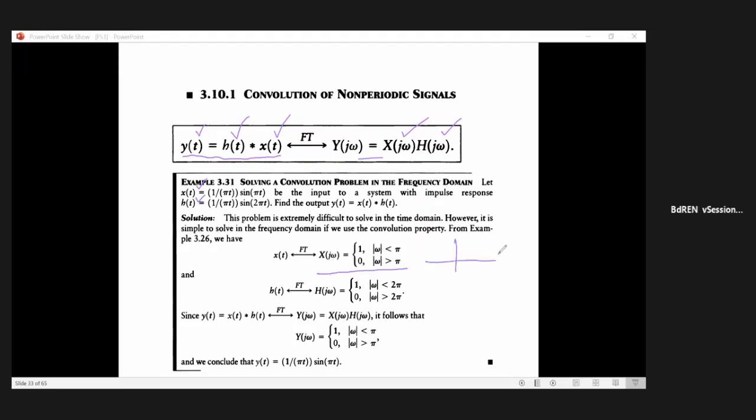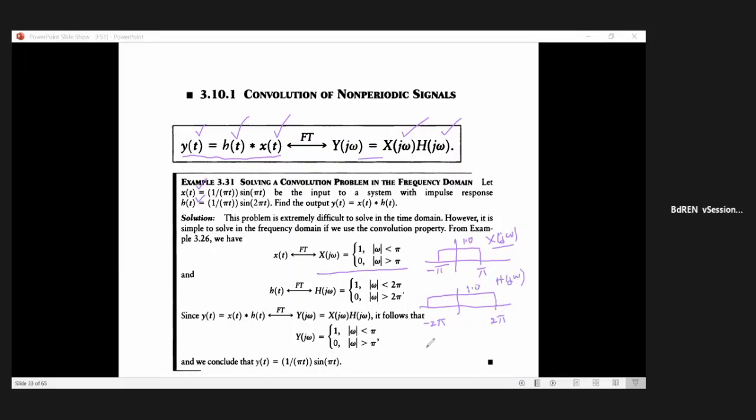That means X(jω) will be equal to this from minus pi to pi. And this is your X(jω). Similarly, H(jω) is something like this, from minus 2 pi to 2 pi with amplitude equal to 1. This is your H(jω).